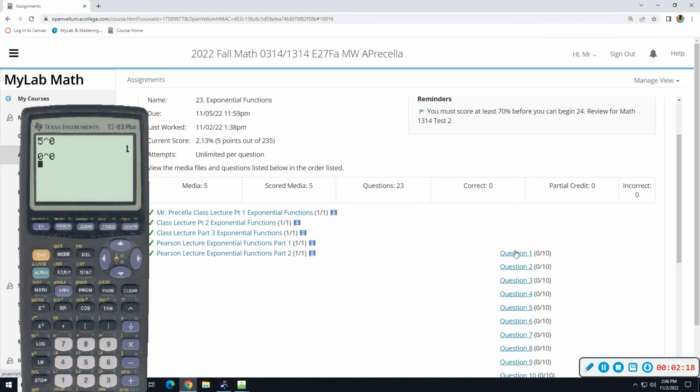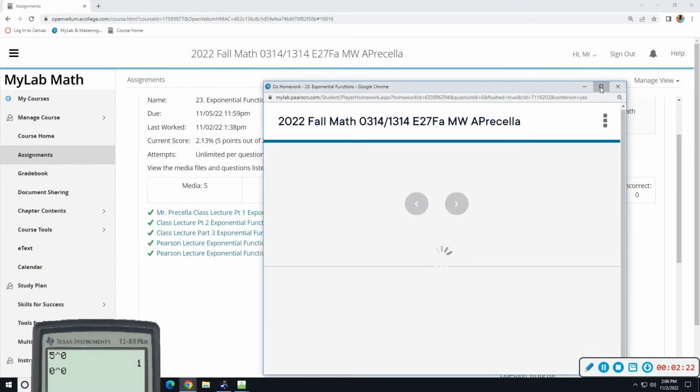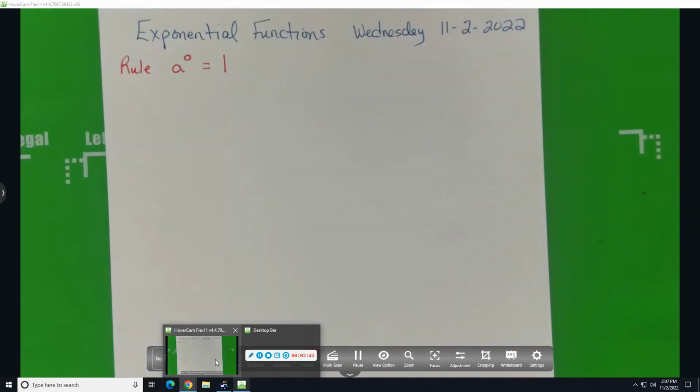Now, problem number 1, just jumping into the homework. -47, all raised to the 0 power. This is one of those problems where there's not a lot of work to it. You're using that rule: anything to the 0 power is 1.